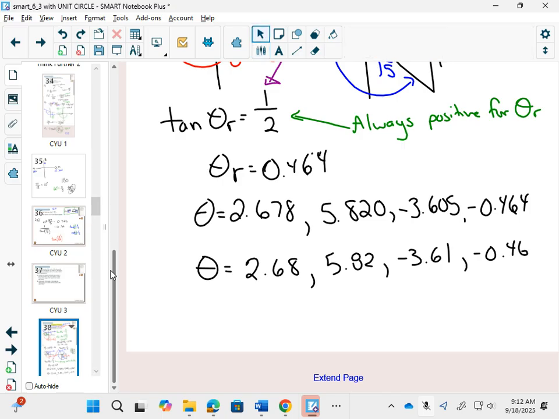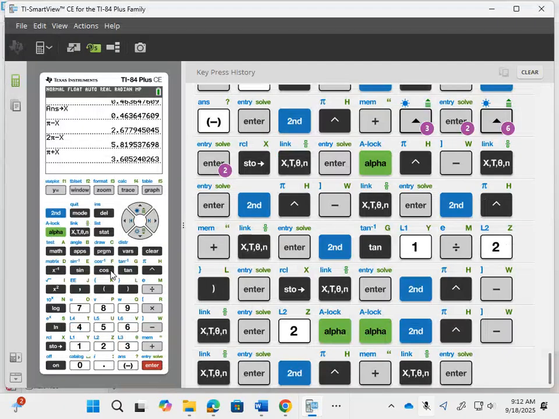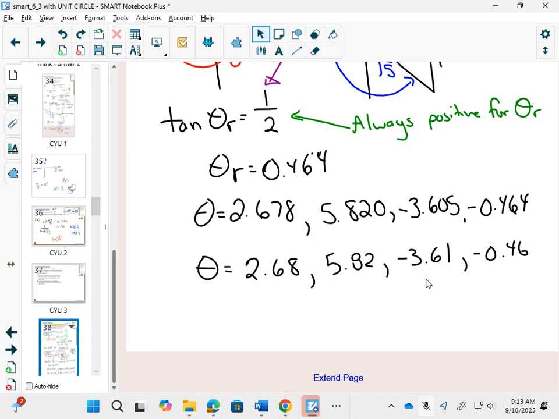When I go back to my calculator to double check if these were all right based on the original, this one, 2.68, is good. This one, 5.82, is good. This one is the one I was worried about. It is going to round up, but I just want to point out, if it had originally been like 3.60482..., can you see that you would have rounded this 8 to make this a 5?